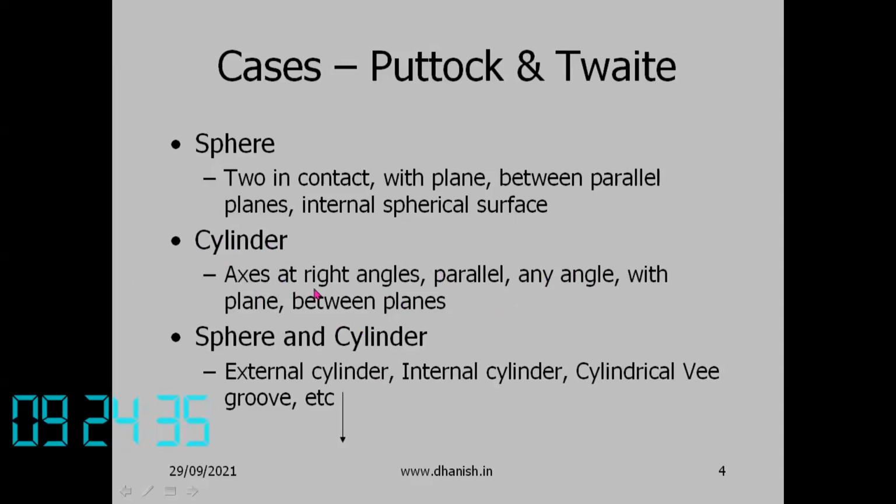It is available on the net, only it is not very readable. It is an old book, typewritten, so the fonts and all are a little bad to read. But anyway, that is the classic source for this. Then sphere and cylinder: sphere with external cylinder, sphere with internal cylinder, cylindrical degree, etc. So these are the major cases in Puttock and Thwaite's book.